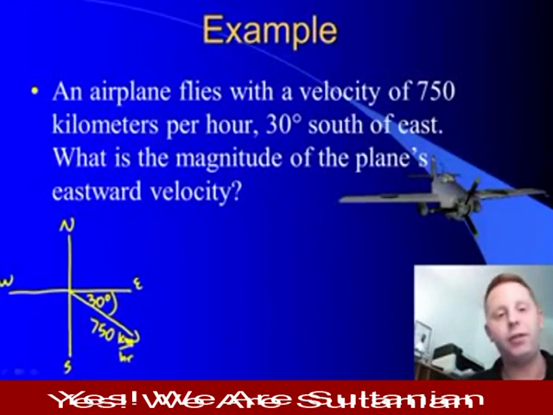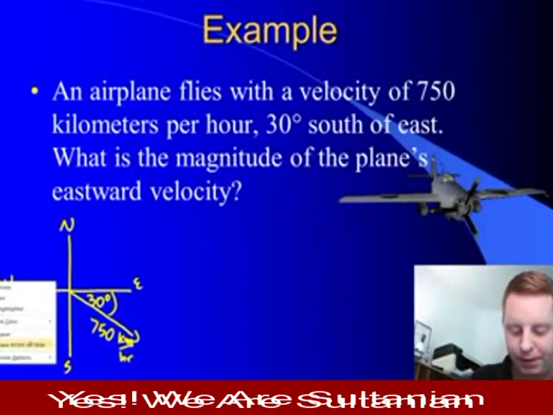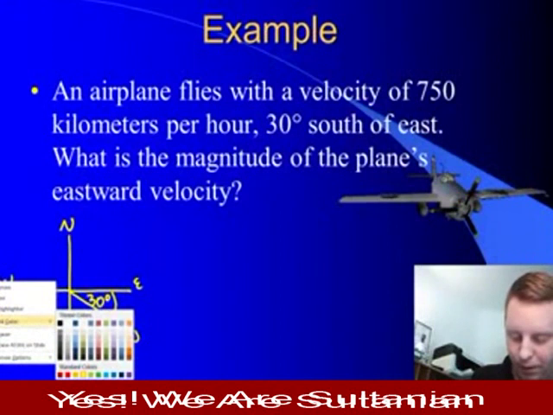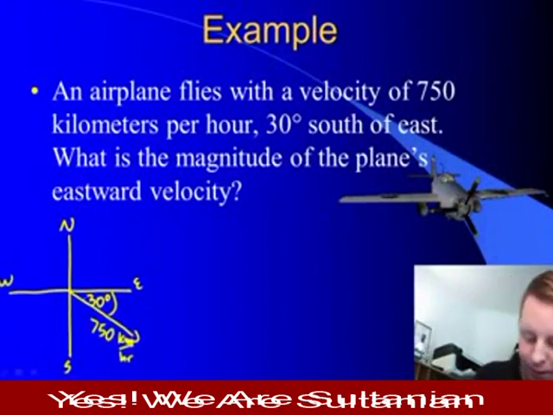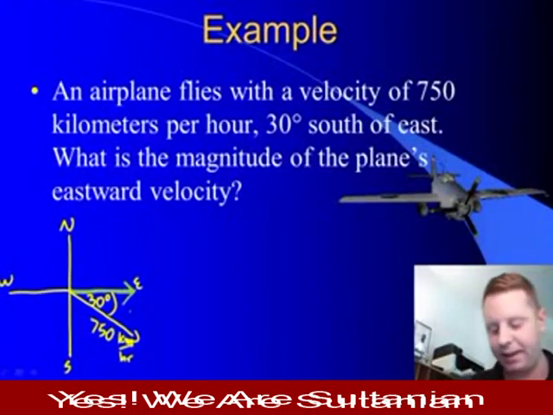We want to find the magnitude of the plane's eastward velocity. Well, if we want its eastward velocity, we want this component here along the x-axis. That's its eastward component.